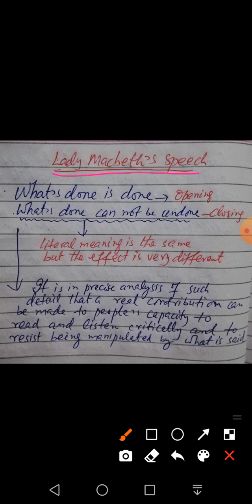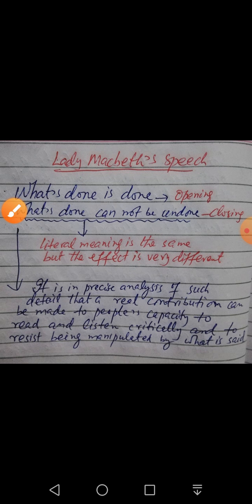If you have read the Shakespearean tragedy Macbeth, the plot summary is that Macbeth is given a prophecy by three witches that he is going to be made Thane of Cawdor, and soon he will become king. When he reaches home, he definitely gets the title of Thane of Cawdor, and he thinks that if this prophecy has proven true, why not another one, that he is going to be king.